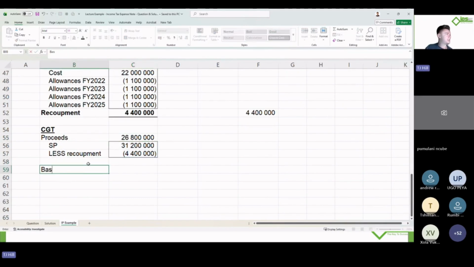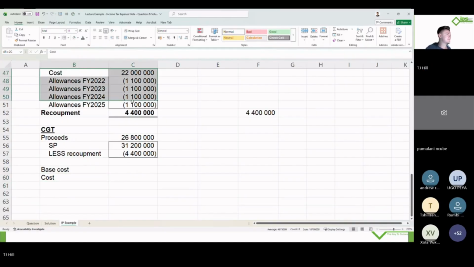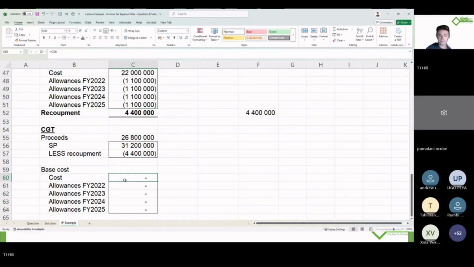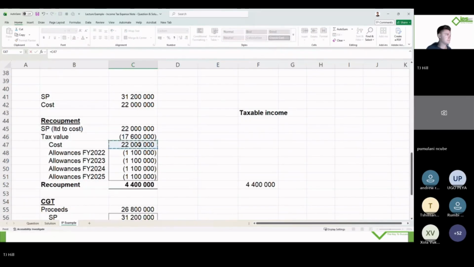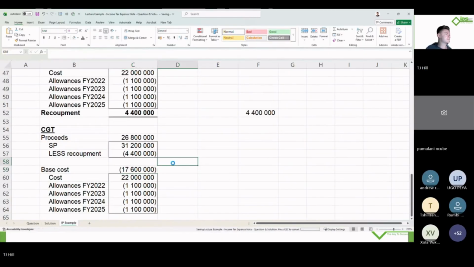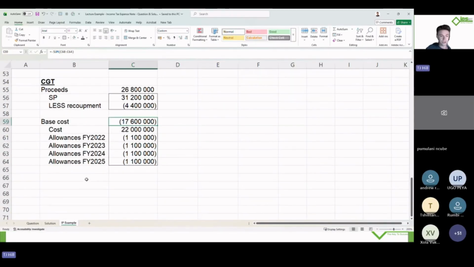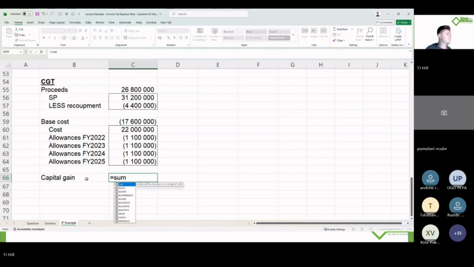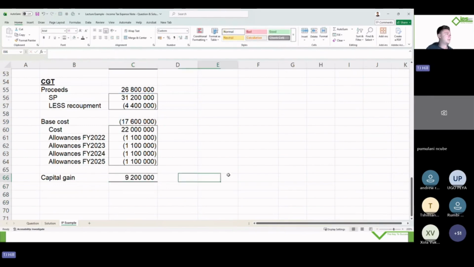And base cost is cost less allowances. You agree? Which gives me a capital gain. Are you happy with what I'm doing? Okay, which you include as a taxable capital gain.